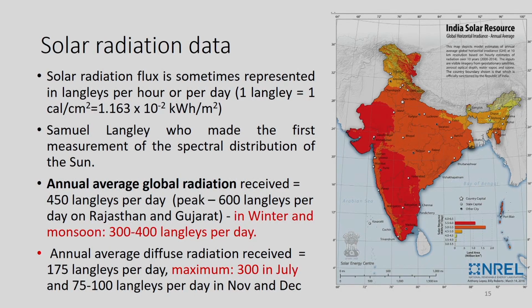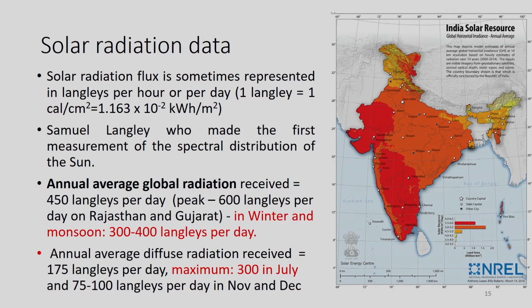Now let us discuss something about solar radiation data, because we must know the unit used for measurement of solar radiation, and then what is the source of solar radiation data.